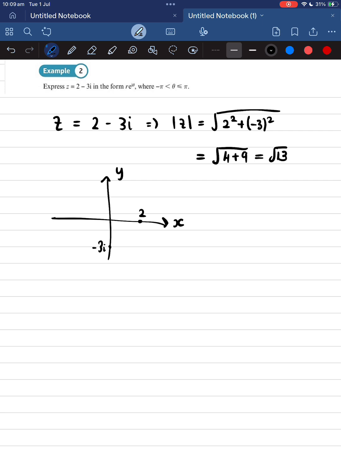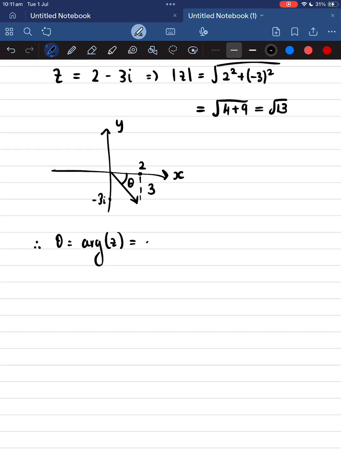So then we know from our rules in Core Pure 1 that the argument is simply the negative of the arctan of the angle. If the angle is theta that it makes with the axis, as I've labelled here, then the argument is simply just the negative of this angle, arctan of this angle, which in our case is minus arctan 3 over 2.